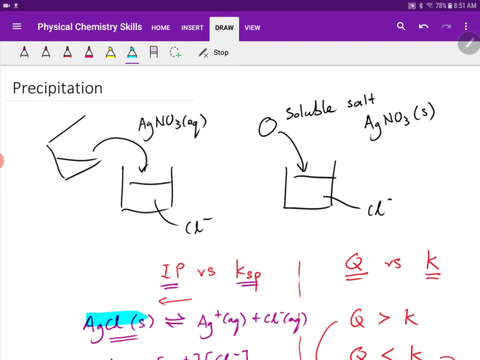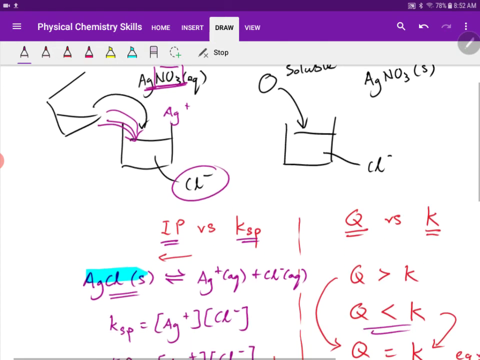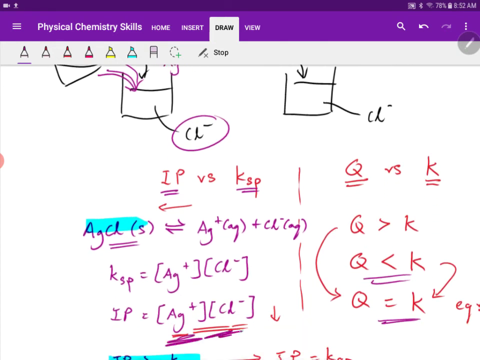So the first kind of example is where we have a solution of, let's say, Cl minus, and we add in aqueous AgNO3. NO3 minus basically is just to make this salt soluble, and so when I'm adding Ag plus into this solution, what happens is that as I add in drop by drop, the IP of these two values, this Cl minus is fixed, this is a fixed value, but Ag plus will keep increasing until IP crosses KSP.